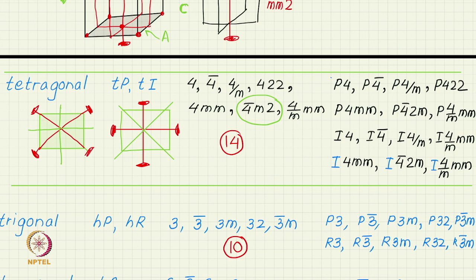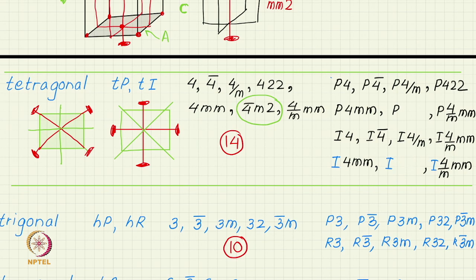I have written here 4 bar M2, but here I wrote 4 bar 2M. So, let me try to fix that. I was not being very careful, so that is a good learning for you also, that in this point group one has to be careful.